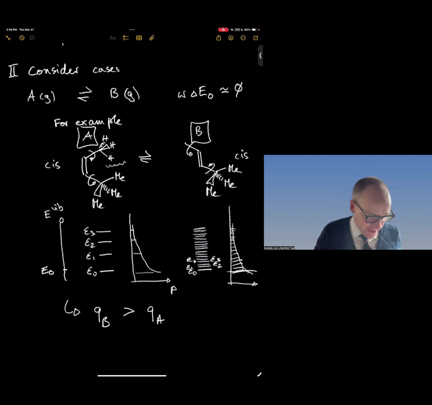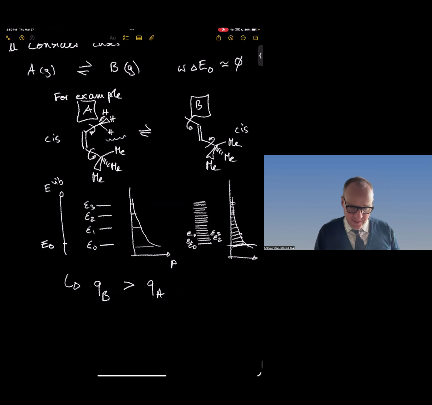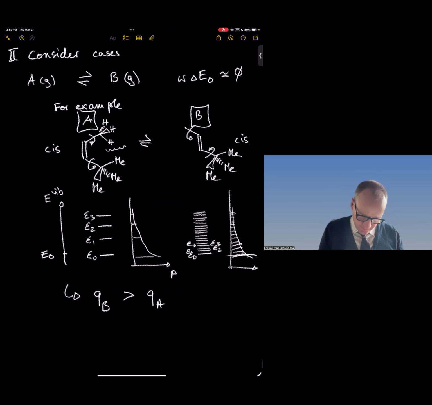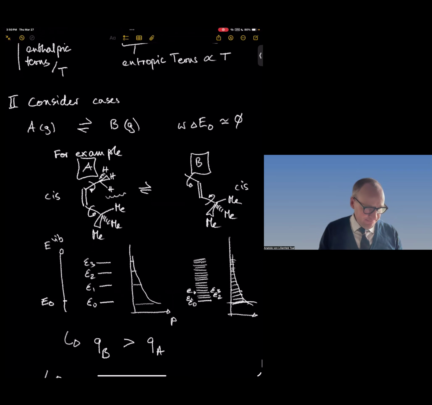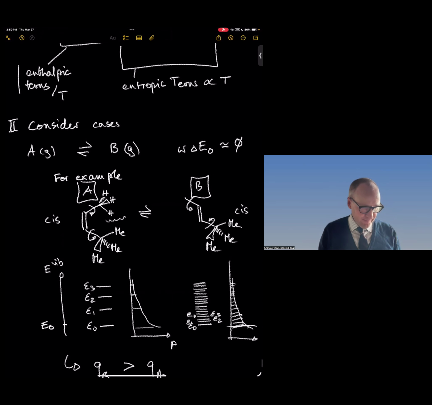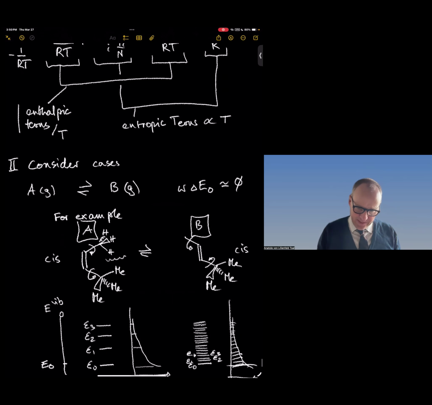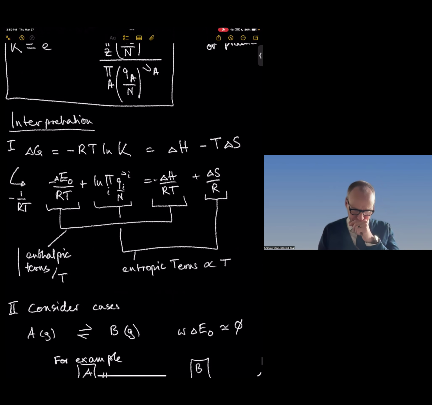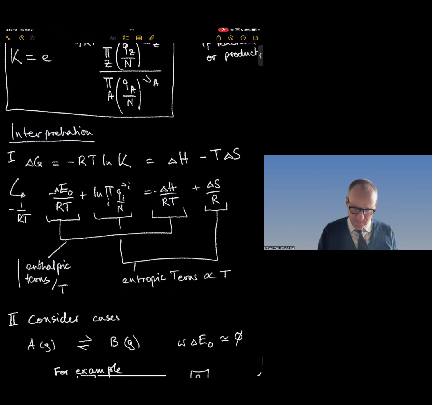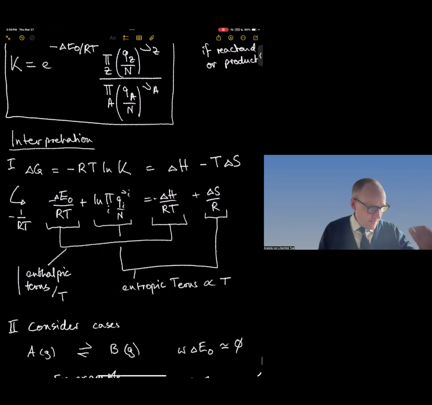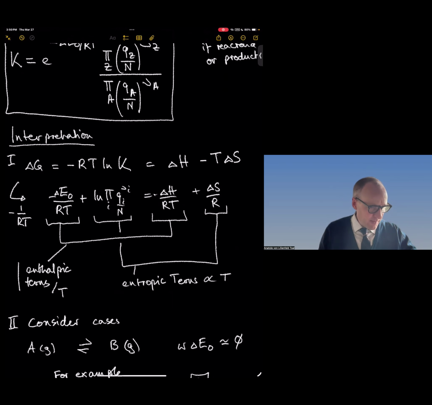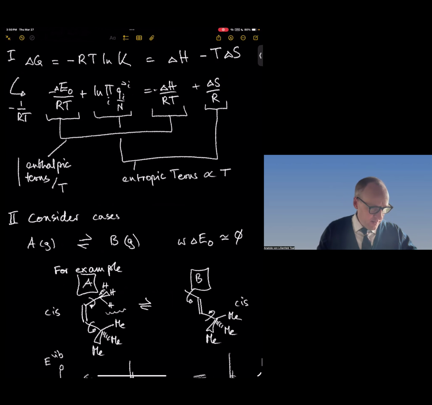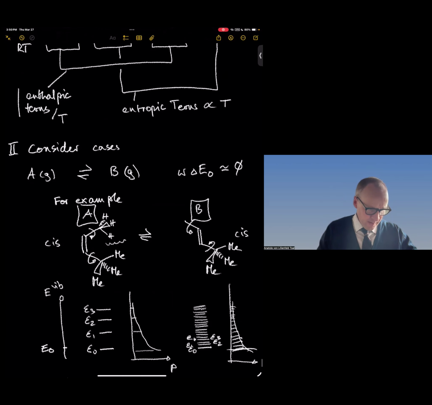So just two conformational isomers. And so consequently, if we now go back and look at what that means for our equilibrium constant, hang on. Yeah.